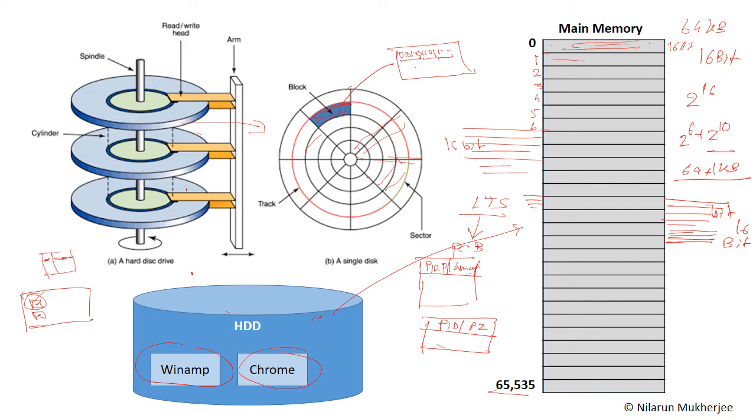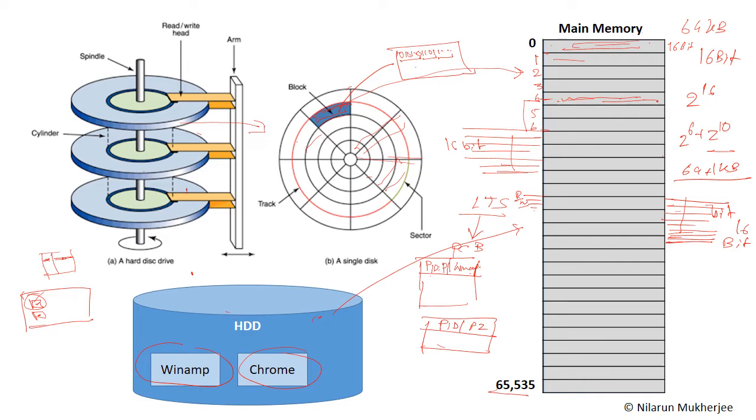I am assuming a 16-bit computer, and there are some control bits, read and write. So using the 16-bit address line, I can enable a particular register, and depending on whether read or write is enabled, if write is enabled, the data on the data bus will be written in the register. Suppose this register line is enabled, then whatever data is there will be written, or whatever data is there will be put on the data bus to be read.